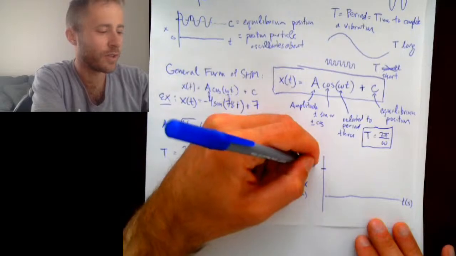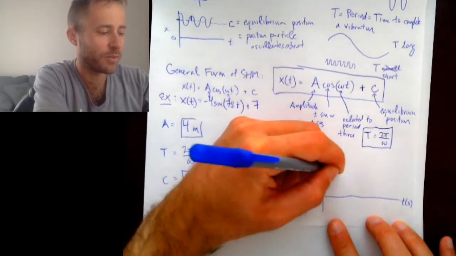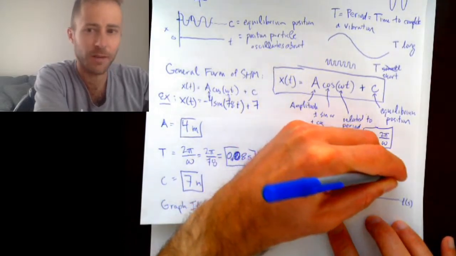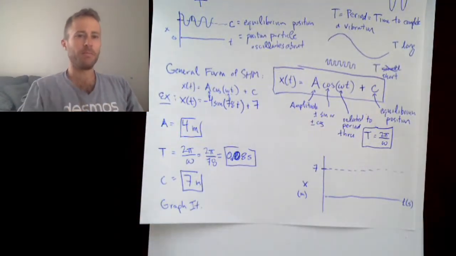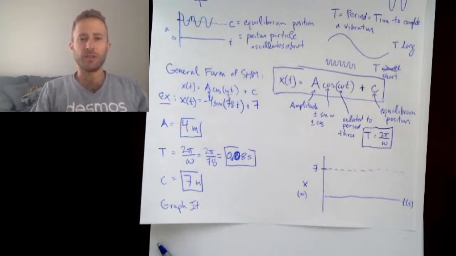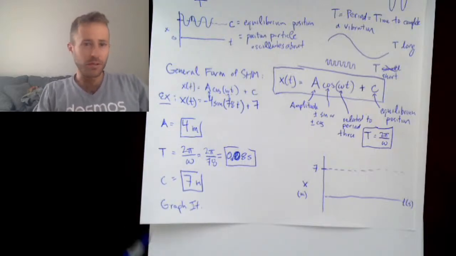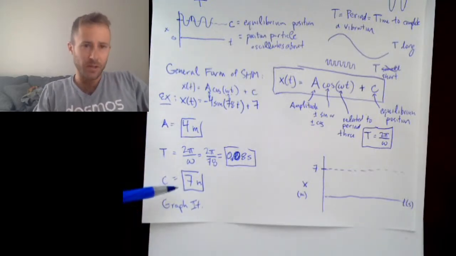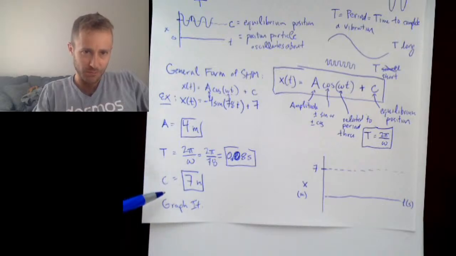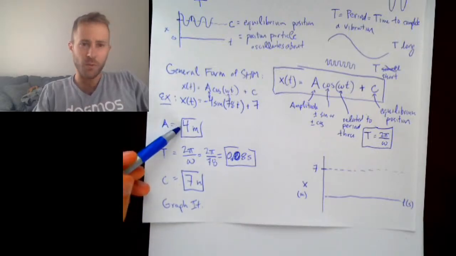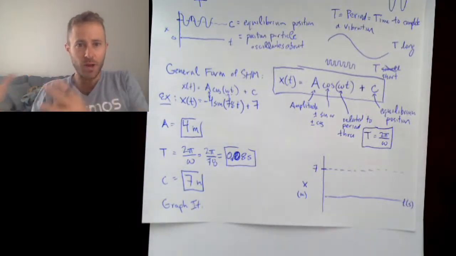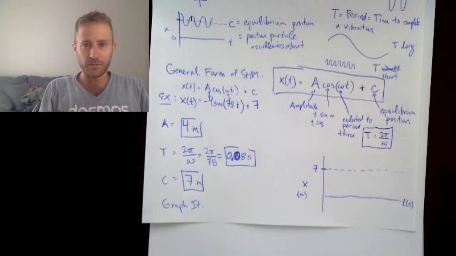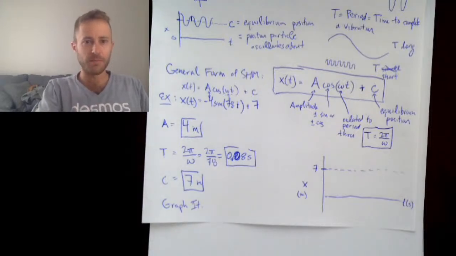So here's x equals 7, and that's going to be the center line of the vibration. So let me ask you this. If the equilibrium position is 7 and the amplitude is 4, what is going to be the range of that vibration, from what x value to what x value? Type it in the chat if you know.